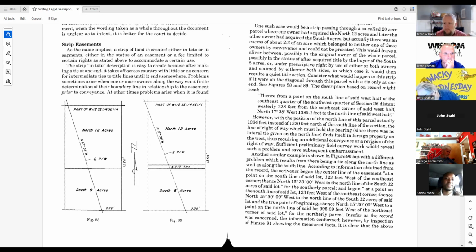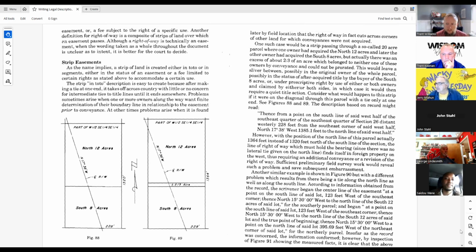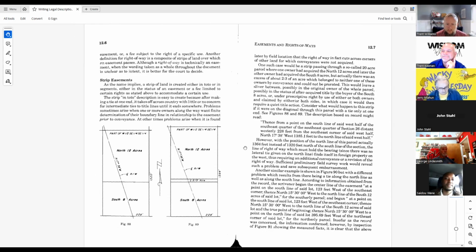That's where most of the confusion comes from. So even with a blanket easement, over the quarter section or in toto that goes over all of these parcels, the description itself isn't usually the issue. It's making sure people understand where that actually is on the ground.